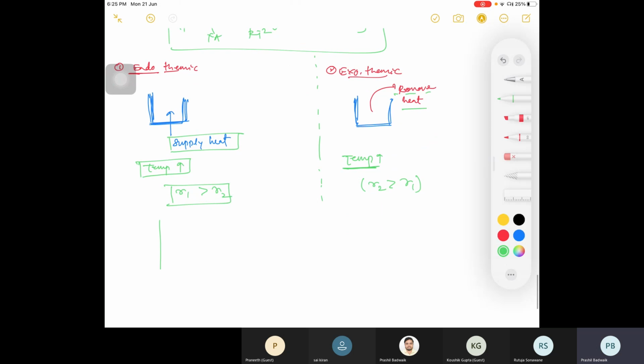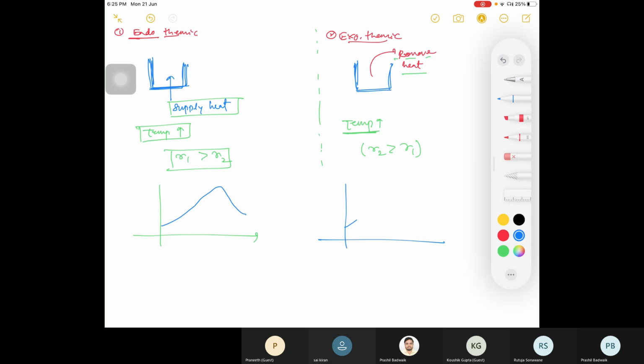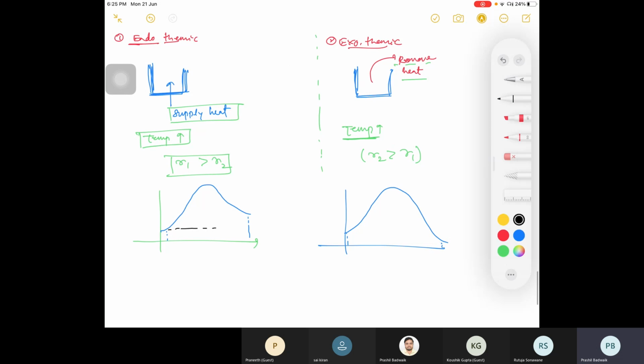Now how was its curve? Endothermic. Right. It was like this. Now what is your E1 here? This is your E1. And what is your E2?